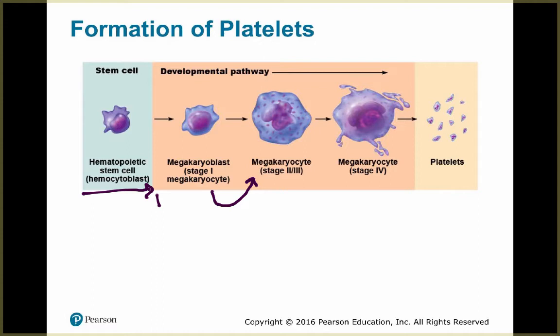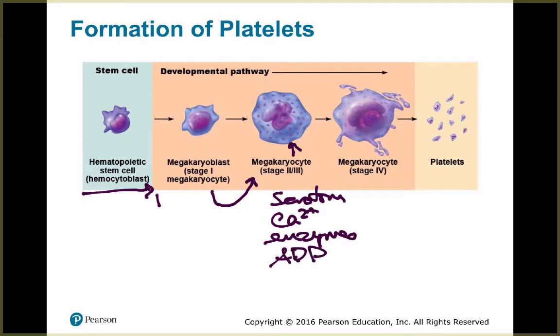You're going to start seeing things like serotonin or calcium, enzymes that are important, ADP, and platelet-derived growth factor all within here. These are all the different types of chemicals involved in clotting.